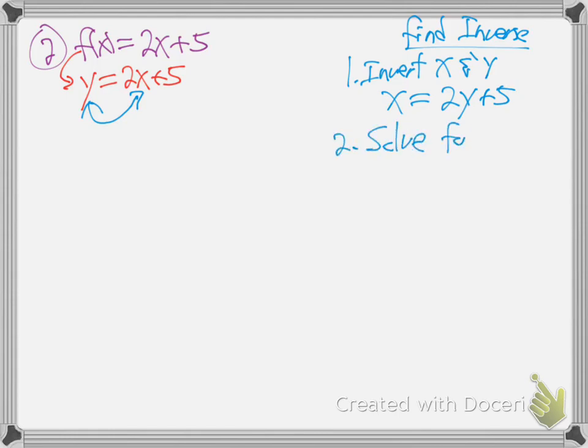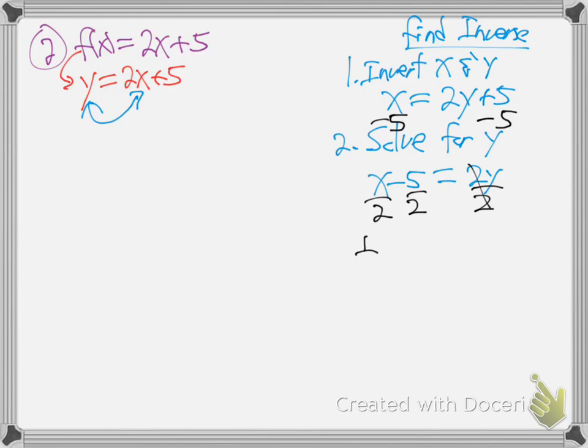Step 2, solve for y. So to solve that equation for y, I'm going to subtract 5 from both sides. And what will I get? X minus 5 is 2y. Divide by 2. When you divide by 2, divide all 3 by 2. See, I divided all 3 of them.